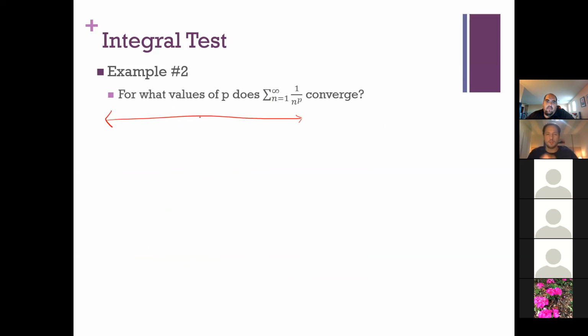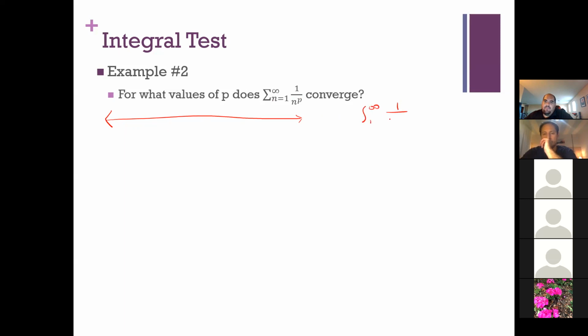Would you just take the integral of t? No. Okay, so based on the integral test, I want to know if this series converges, which means I can instead look at this integral.